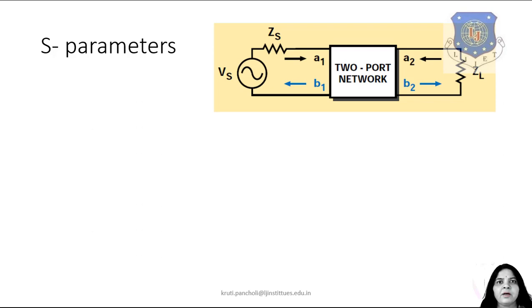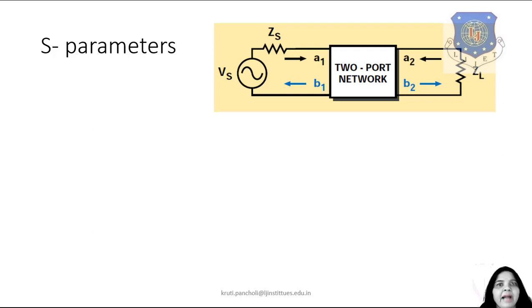Now whenever you want to design a system for high frequency, you need some amplifier, some coupler, some power divider. Whatever system you consider, that system should have some input and provide us some output.